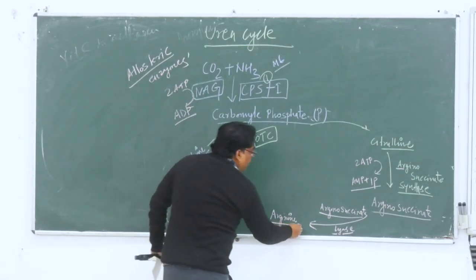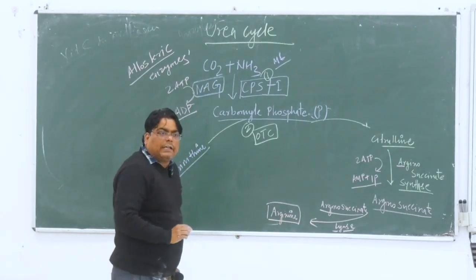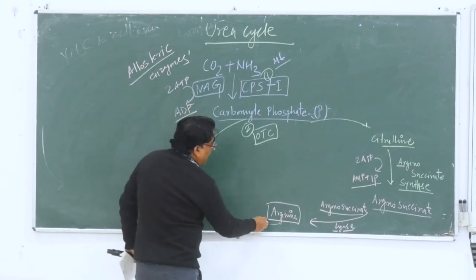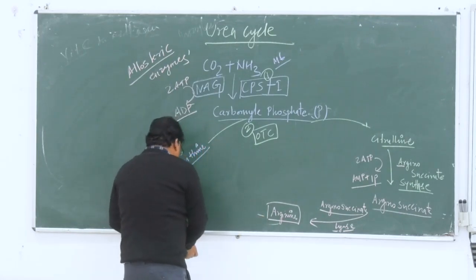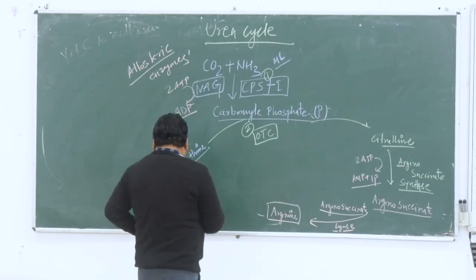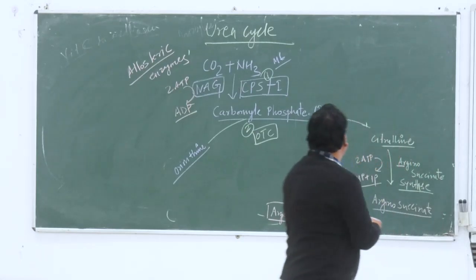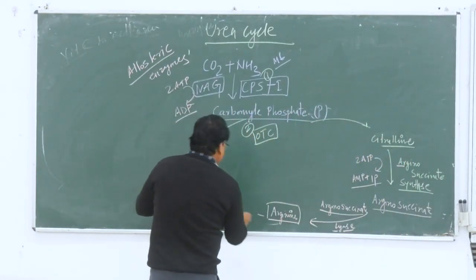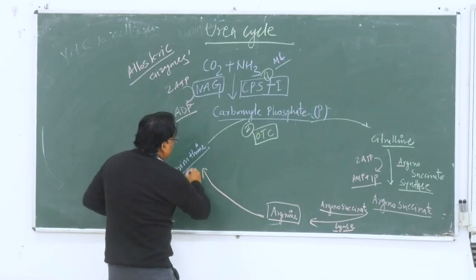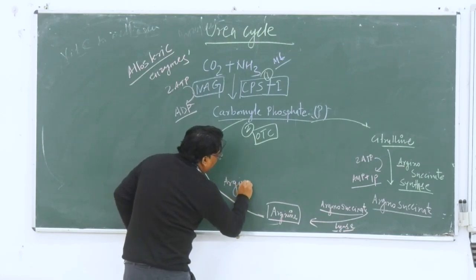Arginosuccinate lyase forms arginine. Then, from arginine, there is formation of ornithine by the activity of arginase.